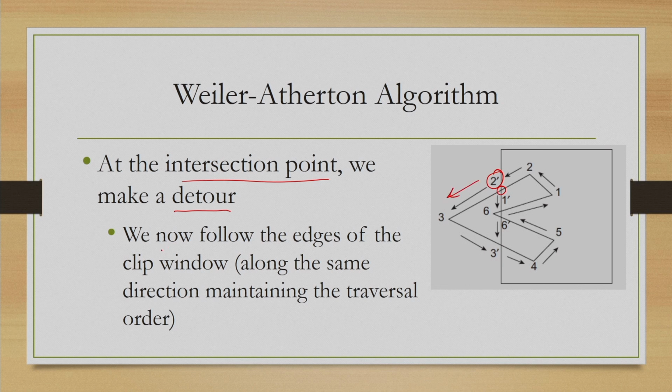Instead, we now follow the edge of the clip window along the same direction, maintaining the traversal order. In this example we follow this anti-clockwise direction and make a detour from here along the window boundary. Essentially, we initially traversed in this way, then while traversing we found that this edge is crossing to the outside. So, we traverse in this way instead of continuing along the edge.